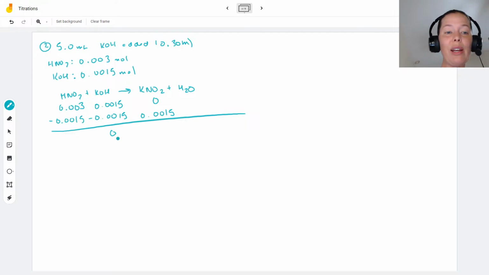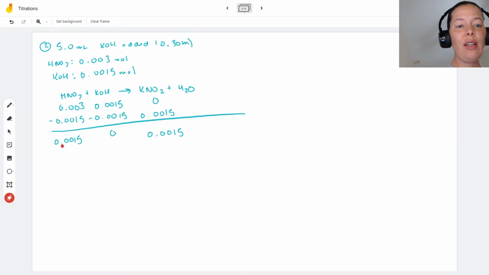This one goes to 0, and of course I have a little bit of my nitrous acid left, 0.0015 moles. And again, I formed a little bit of my potassium nitrite. Okay, so we have in solution a weak acid and its conjugate base.